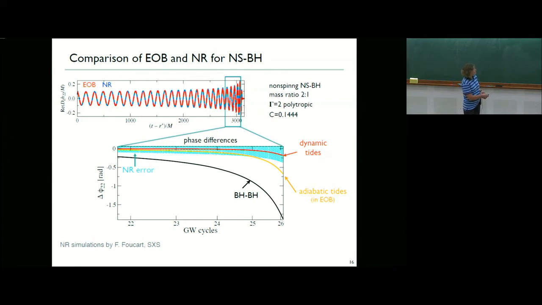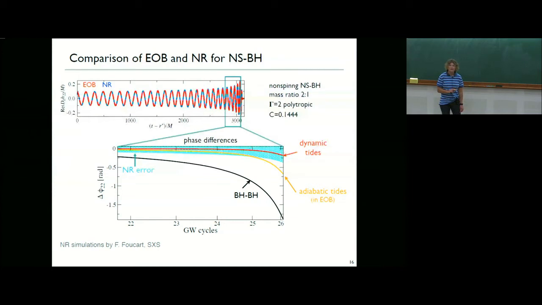So there is also an uncertainty coming from all kinds of numerical artifacts that is quantified by the cyan region. Anytime a model is within that error region, we say it agrees with the simulation as far as we can tell. And I've shown here in black the phasing you would get from two black holes.